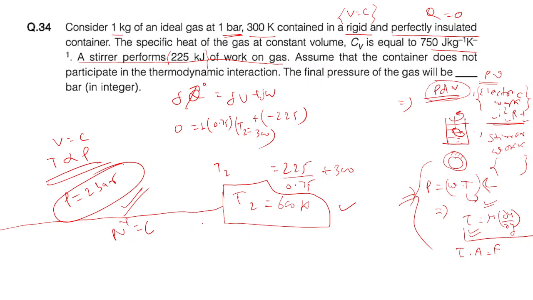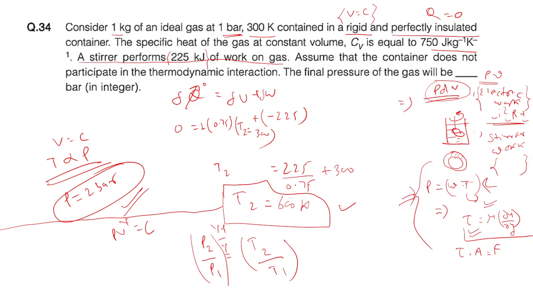You can do it now, one minute. But sir, we will get a different pressure value. What are you saying? Like P2 by P1 is equal to... you are saying T2 by T1 is equal to P2 by P1 to the power gamma minus 1 over gamma.